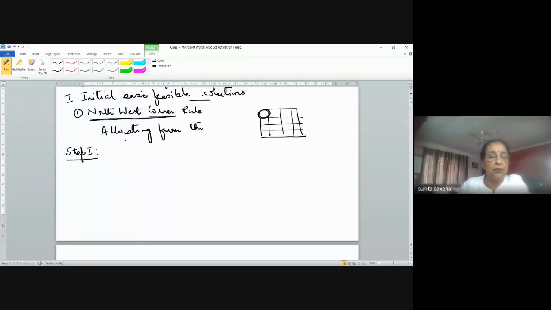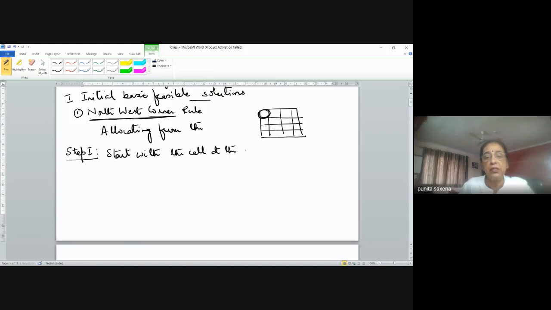Now, step number 1 would be to start with the cell at the upper left, which is actually the northwest. If we divide this table into directions, this is your northwest direction.